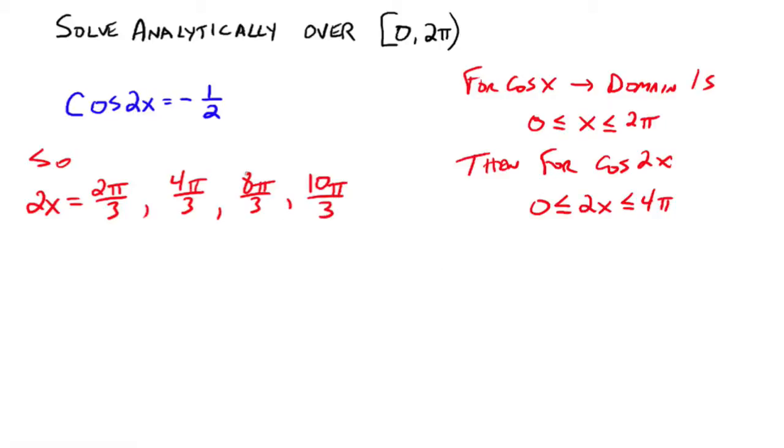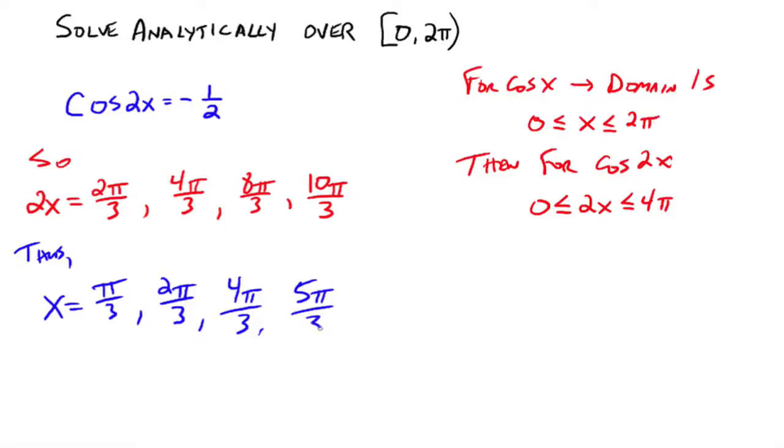All four of these numbers here are between 0 and 4 pi. And then to isolate x, what do you think we're going to do? Thus x equals, divide everything by 2. So you get pi over 3, 2 pi over 3, 4 pi over 3, and 5 pi over 3.